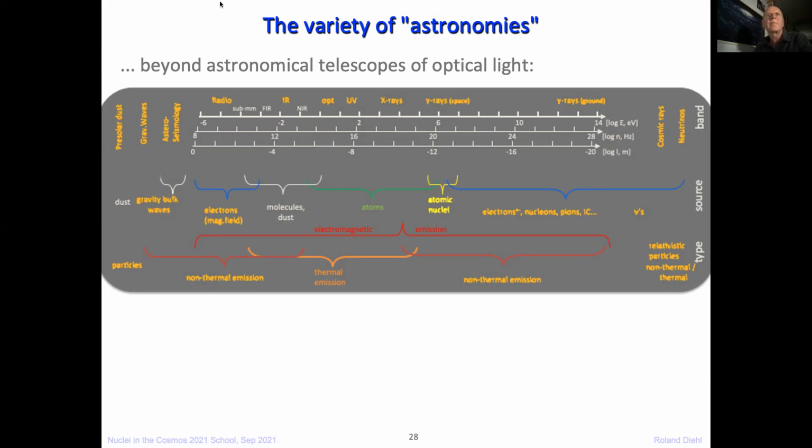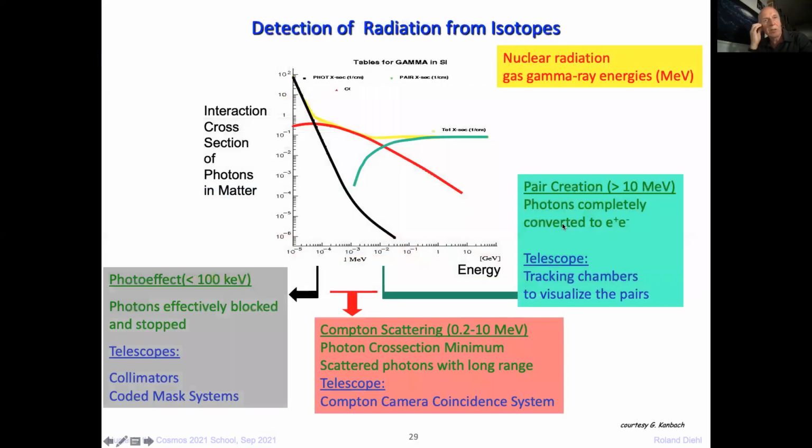And this is why I added to this astronomy here presolar dust and astroseismology and gravity waves as one part, and cosmic rays and neutrinos as another part. So if you measure in non-electromagnetic messengers, then you can use that information and complement it with the methods shown here. But let's go back to radiation.